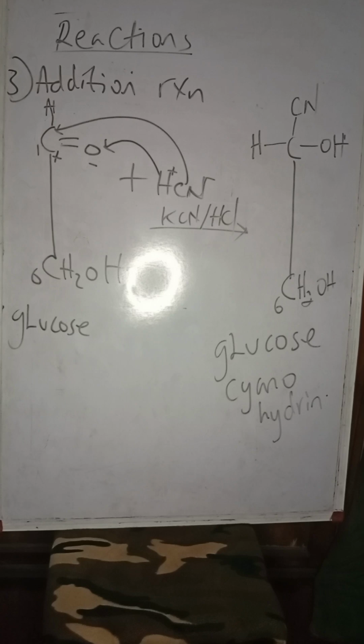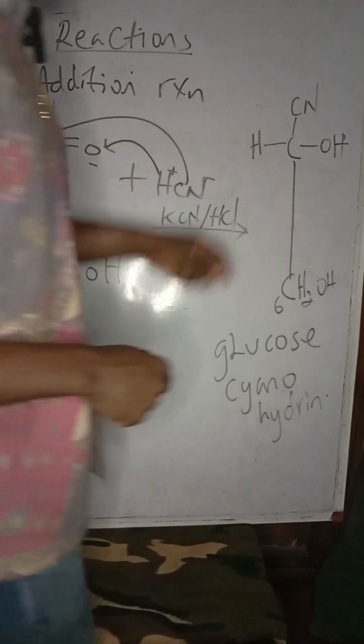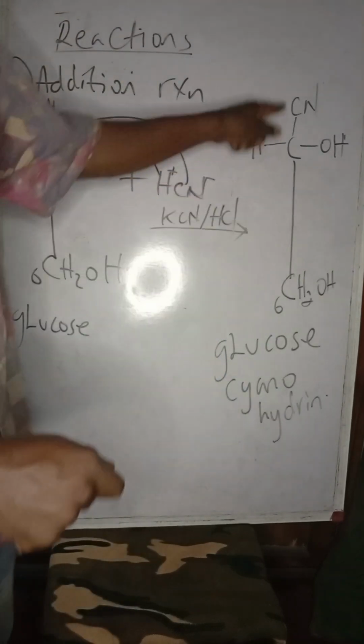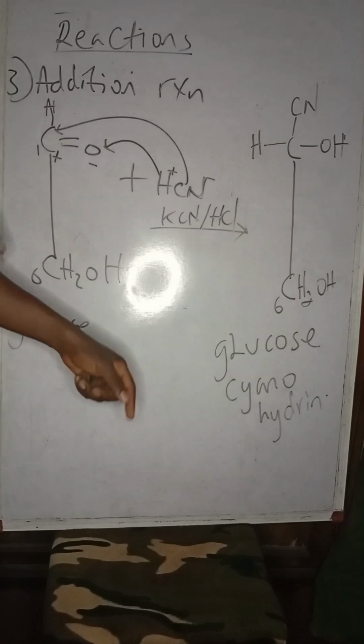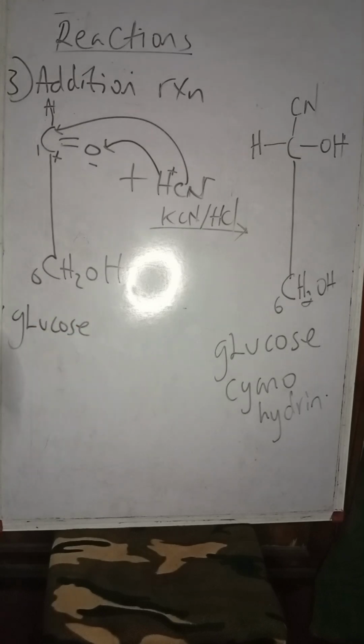The cyano group is known as a chain elongator. That means I can use the cyano group to elongate this chain. I can use the cyano group to change a 4 carbon monosaccharide to a 5 carbon monosaccharide, from tetrose to pentose, or from pentose to hexose. So they are chain elongators.